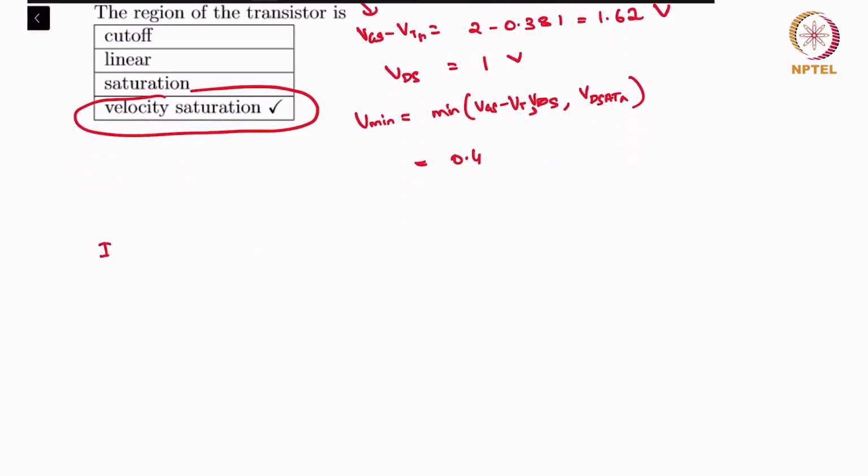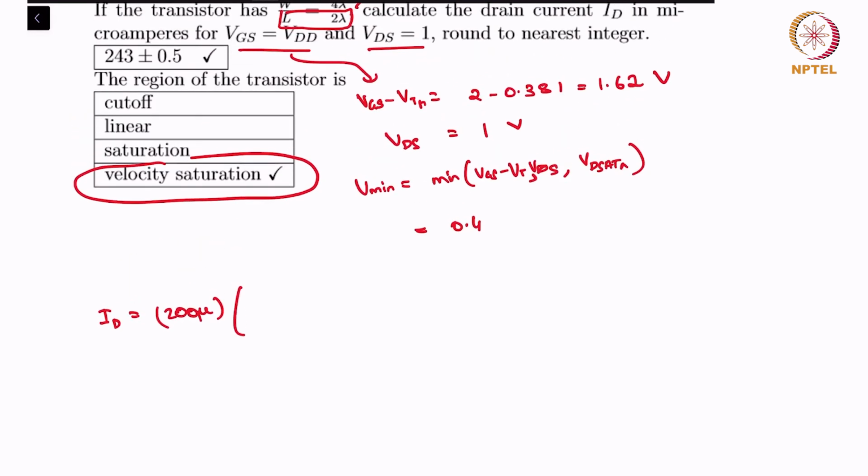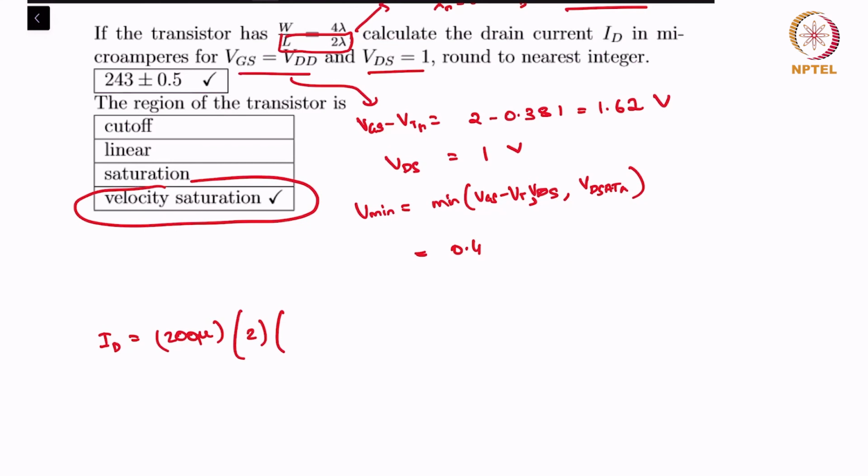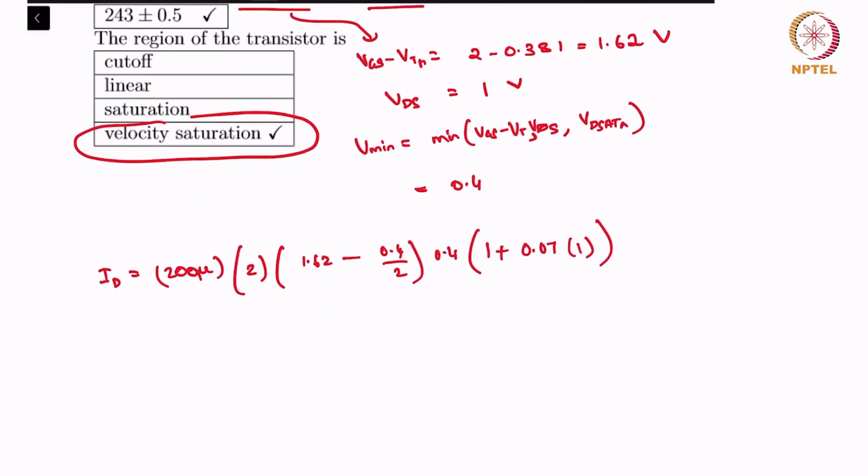And finally, the drain current is equal to 200 micro times W by L, which is 2, times Vgs minus Vt, which is 1.62, minus Vmin by 2, times Vmin times 1 plus lambda VDS, right?